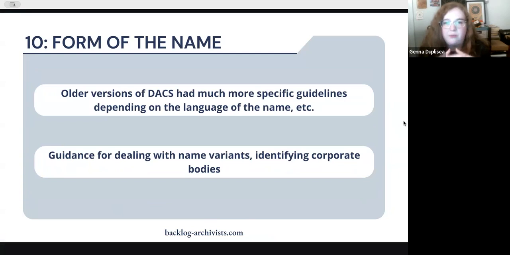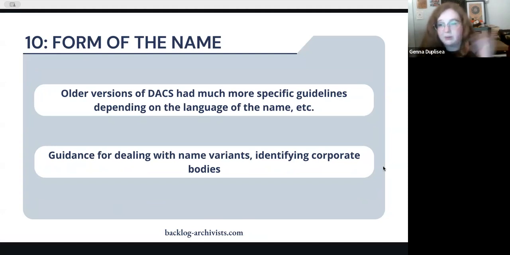So older versions of DACS had really specific guidelines on how you format a name, like last name, first name, but also what if it's a last name that has multiple elements? What about more European or Western styles of naming versus more Asian styles of naming where the family name comes first?